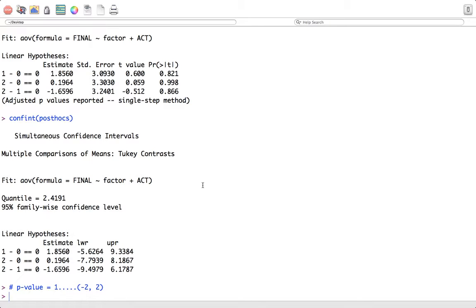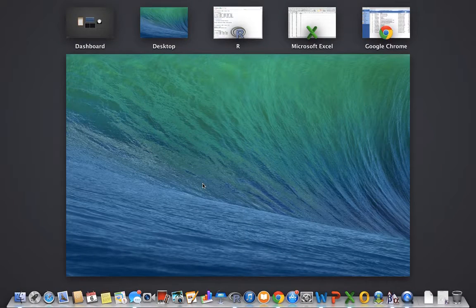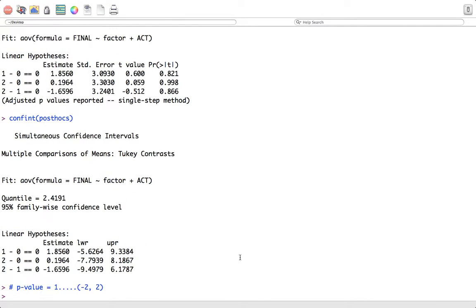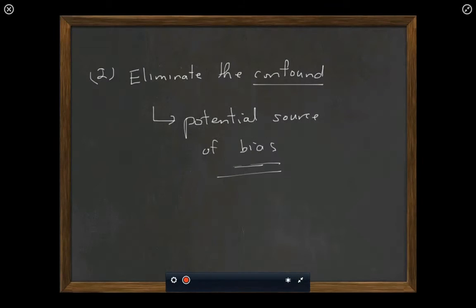All right, let's connect. For some reason it's not wanting to connect. All right, there it goes. Well, that was weird.